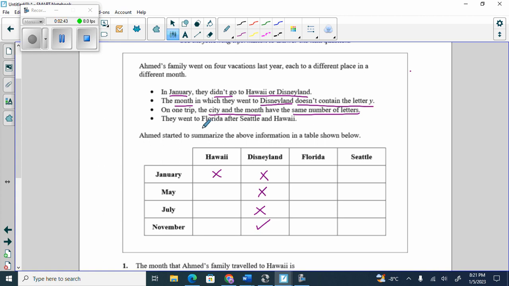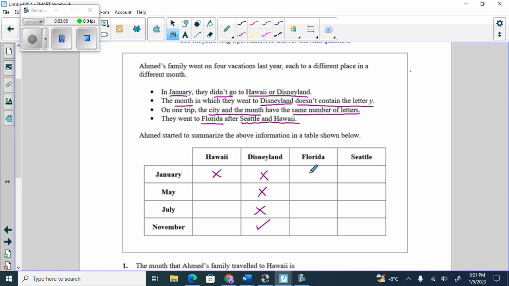Here it says they went to Florida after Seattle and Hawaii. Well, that doesn't work for November because November is Disneyland.